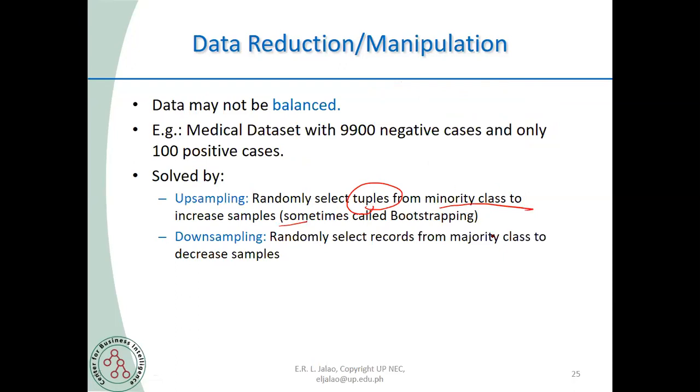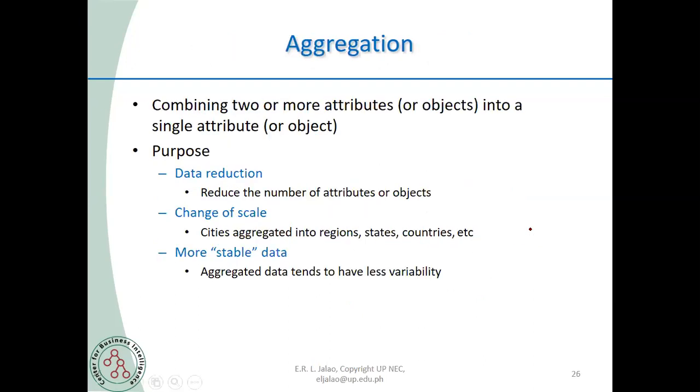So kumbaga random, yung pagsasample is kahit ano na yung kukunin niya from the datasets. So downsampling, randomly select records from majority class to decrease samples. So pabaligtad siya. Yung upsampling from minority to increase. Etong downsampling naman from majority to decrease samples.